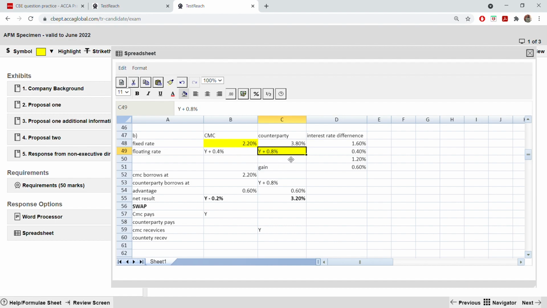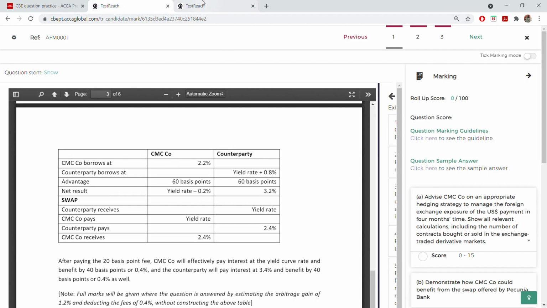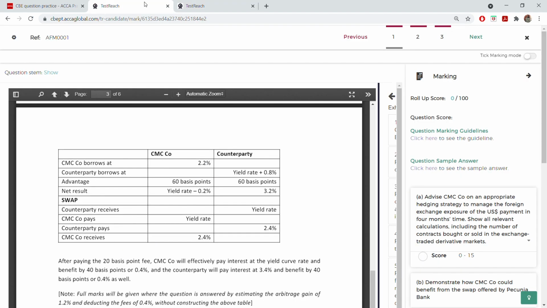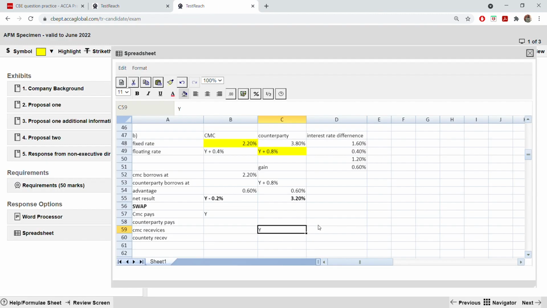So from there, it has to be 3.2. So the difference, Y plus 0.8 minus 3.2, will be 2.4%. Just take this difference.